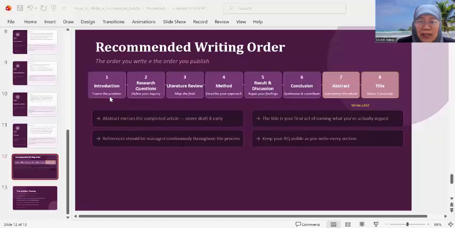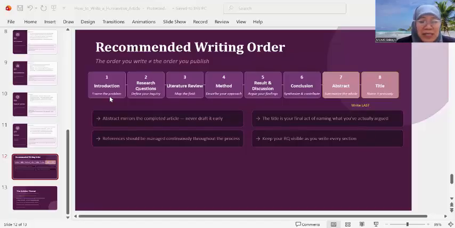So you have to write them precisely. Here's the tip. The abstract mirrors the complete article, so you need to write the abstract after the whole project is complete. The title is your final act of naming what you've actually argued. So the title is the very last step you have to consider and write.